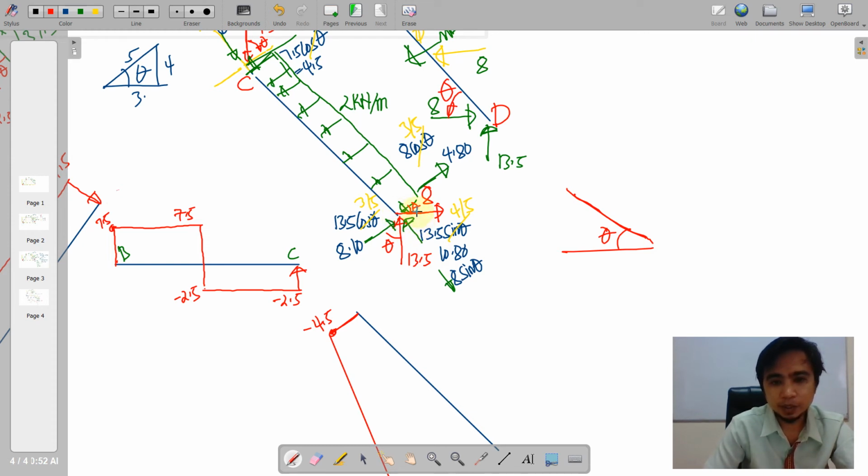Okay, so perhaps we have misplaced here the angle theta. So it should be the other side here. So this is the angle. Okay, so anyway, we'll just have to replace this one. So this is sine of theta instead, and this as well is cosine theta instead.